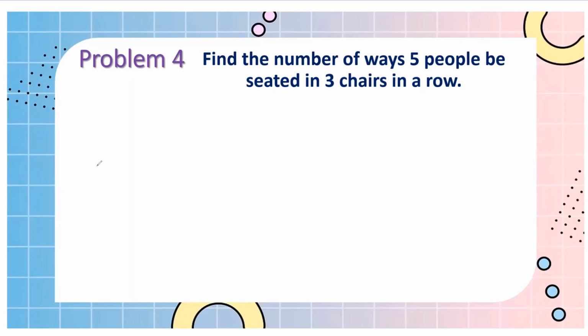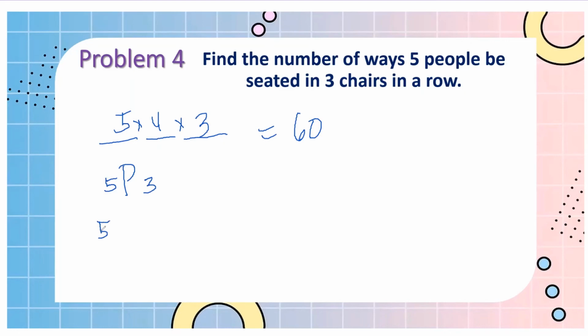60. So, pwedeng 3 chairs, kaya you start 5 times 4 times 3. So, ganyan lang gagawin. 5 times 4, 20 times 3, 60. 60 ways. Or, if you want to use calculator, this is 5P3. So, press 5 muna.